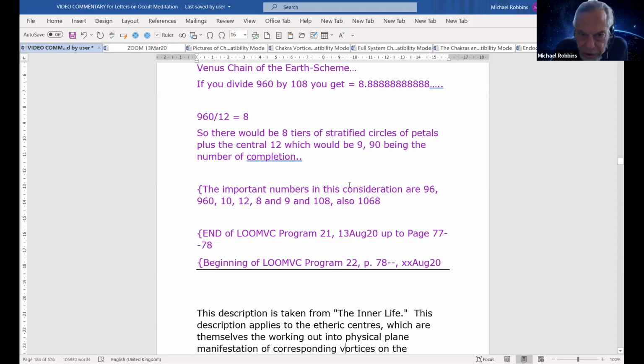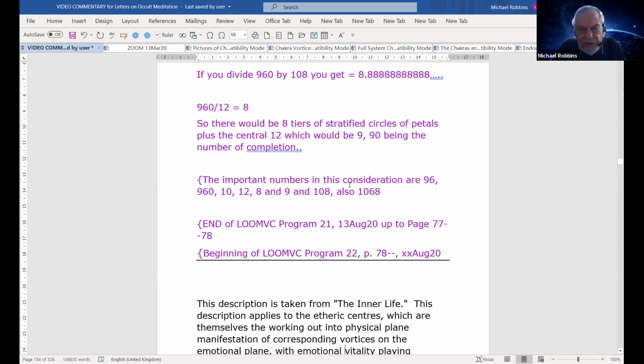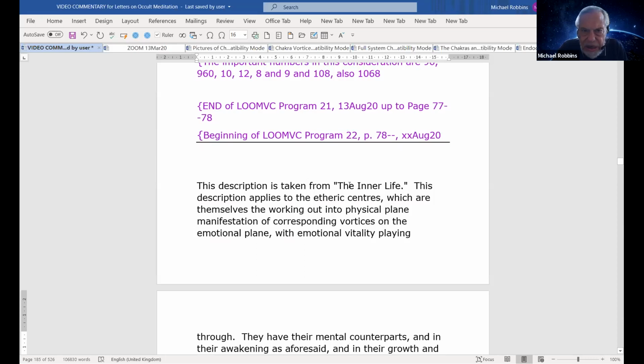We'll get into program 22, and basically DK has taken this information from C.W. Leadbeater's The Inner Life, and he must have validated that information. So I would say the numbers have been correct.